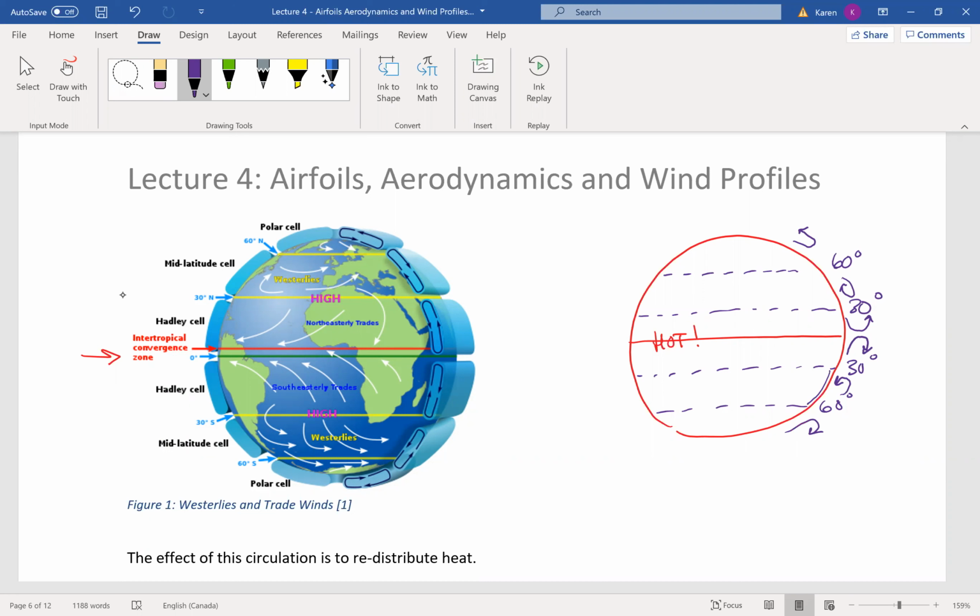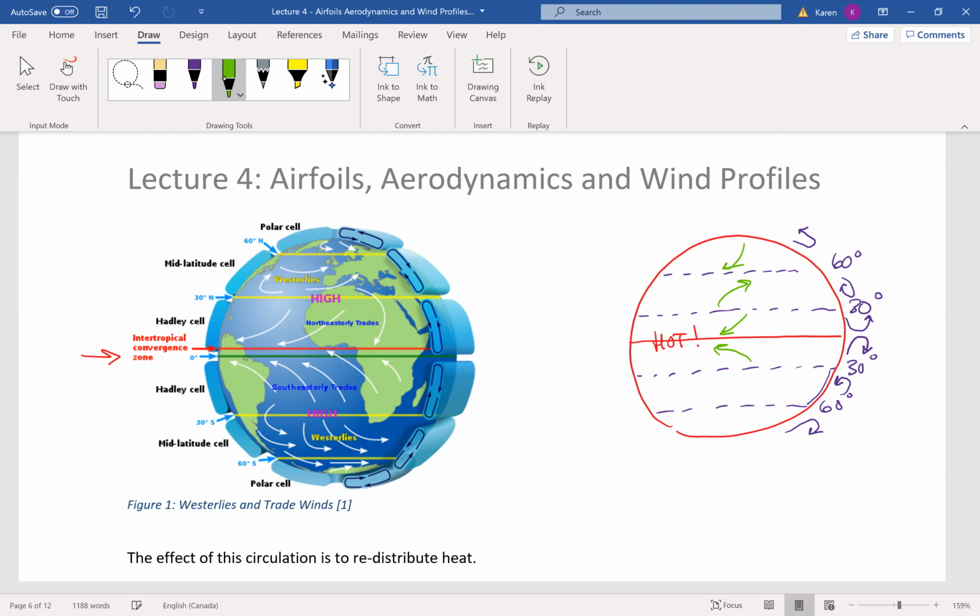And what that ends up doing is it's making this closed circulation or convection that goes in opposite direction. And that's what's called trade winds. So because of this, you get trade winds going in this direction here, and then they go in this direction here, and they go in this direction here.